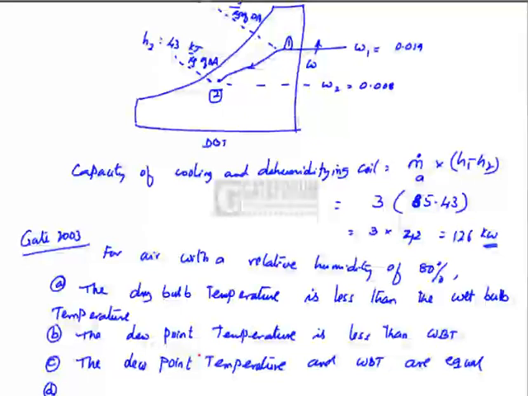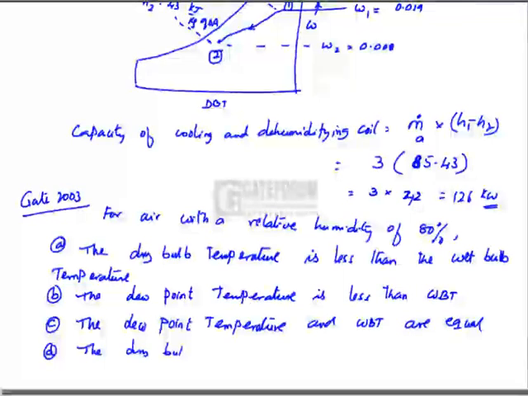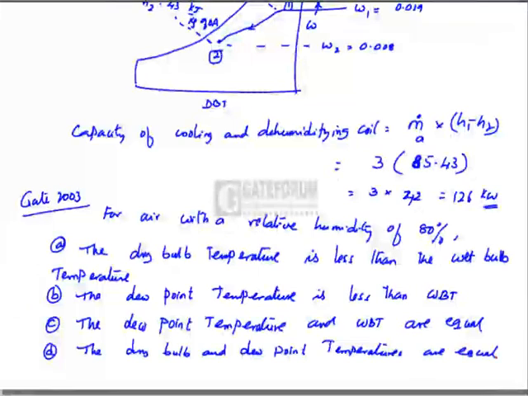D, the dry bulb and dew point temperatures are equal.